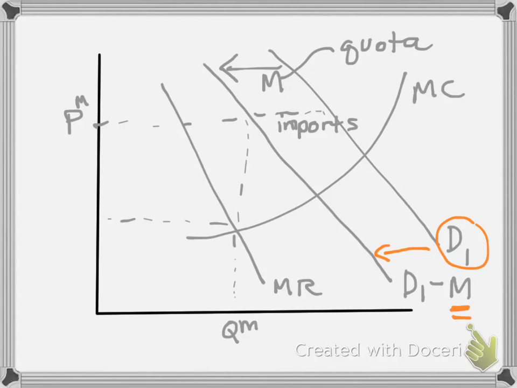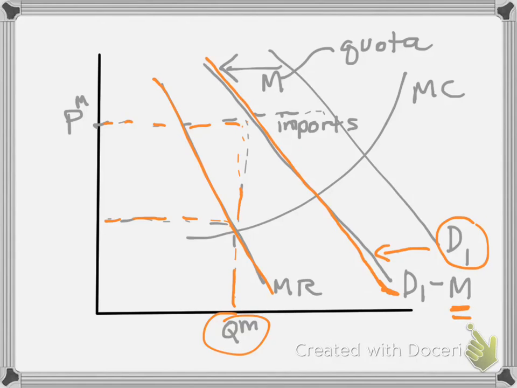So this demand curve then is the demand curve that the monopolist faces, and hence the monopolist has a marginal revenue curve, and the monopolist chooses a quantity to produce where the marginal revenue equals marginal cost, and then the monopolist charges a price way up here, and that's incidentally the price that consumers will have to pay for imports.